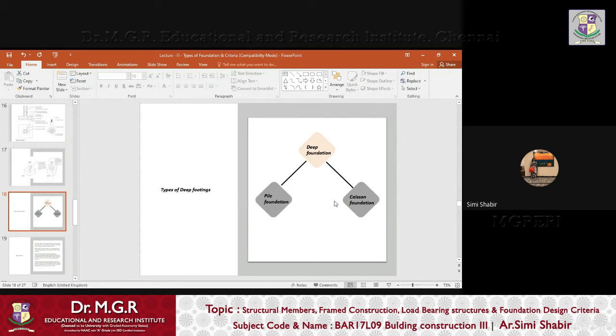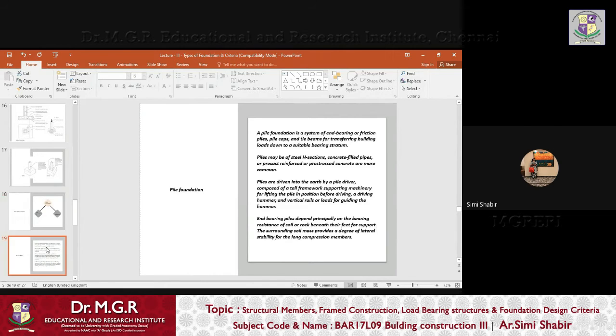Let us have a broad look at the types of deep foundations, the pile and the caisson. A pile foundation is a system of end bearing or friction piles, pile caps, and tie beams for transferring building loads down to a suitable bearing stratum. And this happens when we are looking at a lot of cohesive, clayey, soft soil.